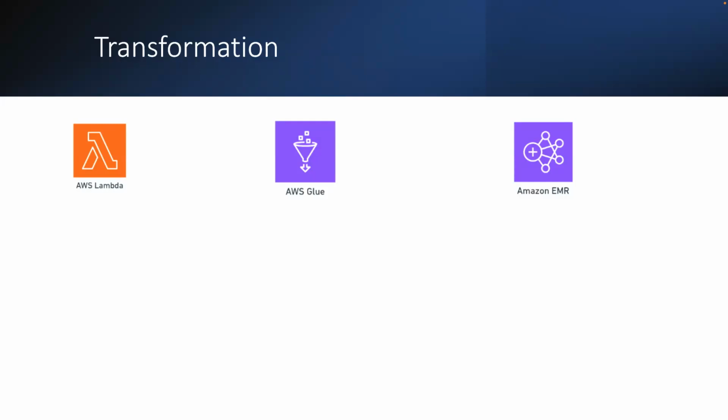It can run your job on multiple nodes, whereas in Lambda you're basically running it on a single job. AWS Glue is completely serverless. You can pick how many DPUs, meaning nodes, you want to run your job on.